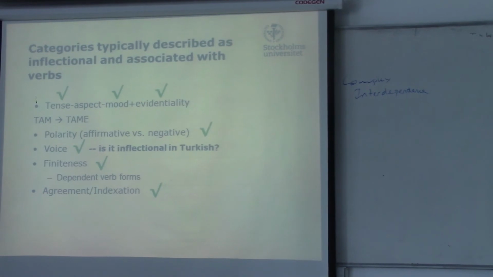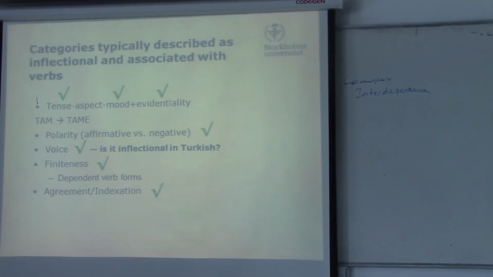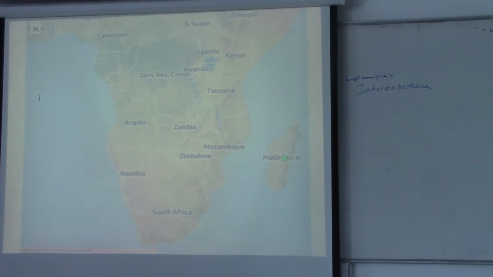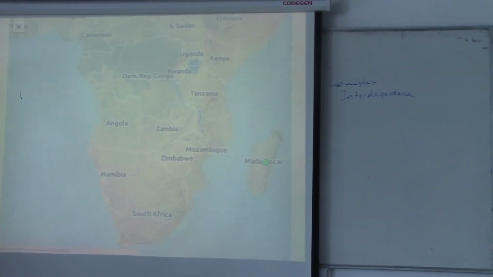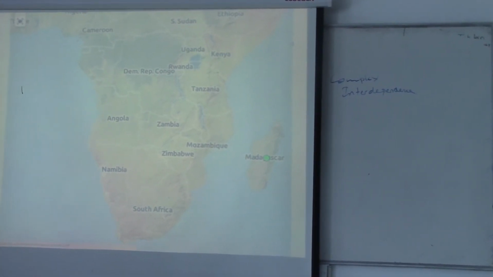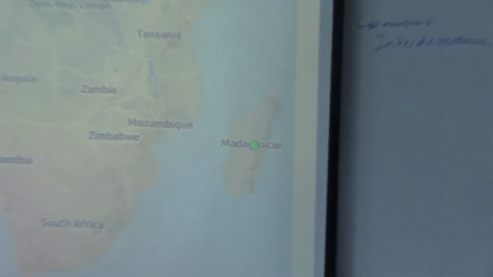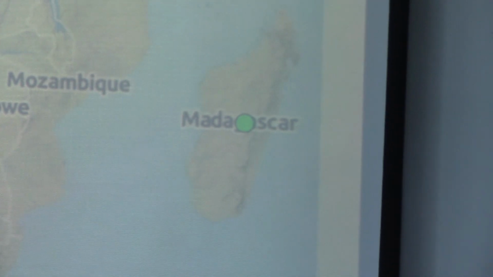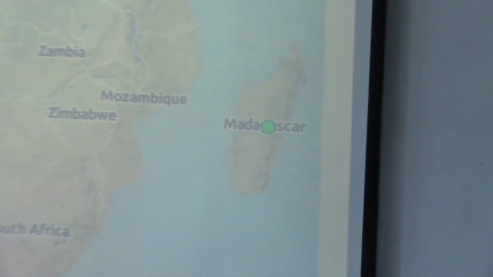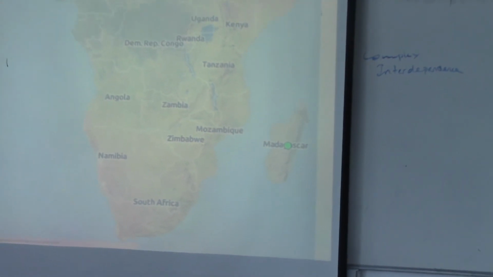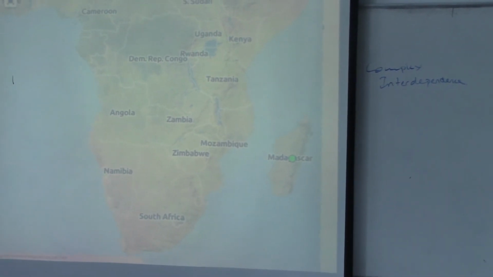I will start by going to a language, to Malagasy, which is an Austronesian language of Madagascar. That's the only Austronesian language in Africa, and the easternmost Austronesian language. So for the record, Austronesian is the largest family in the world.